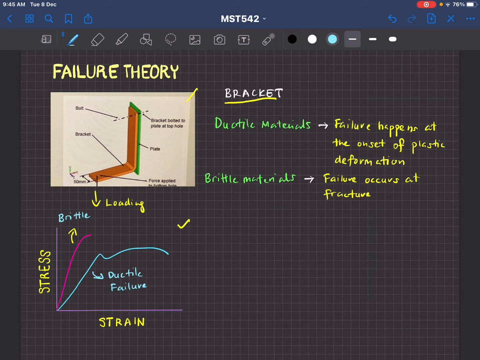These points are easy to define for a uniaxial stress state, such as a tensile testing.